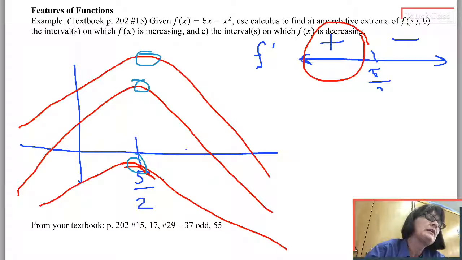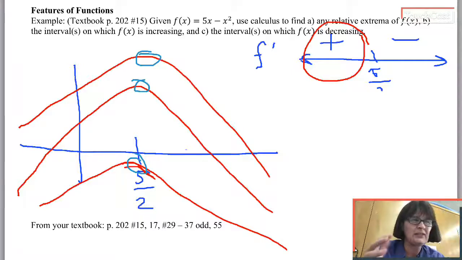So here, f of x has a relative maximum at x equals 5 halves because f changes from increasing to decreasing at 5 halves, or because f prime changes from positive to negative. They'd both be good justifications. We're going to talk about justifying that very formally in 4.3. So this is just to get you a little preview of what's coming.